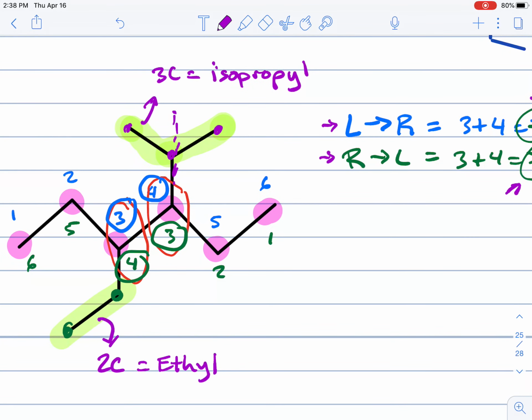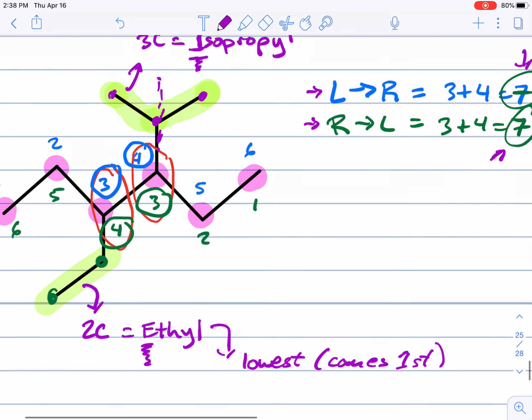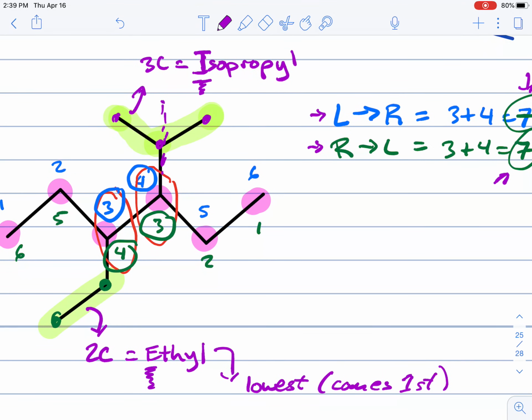Notice that the name isopropyl starts with the letter I, and the first letter of ethyl is E. So E comes before I. Therefore, you want the number of ethyl to be the lowest, because it comes first when you're naming the substituents. So the path that you're going to choose is going from left to right.